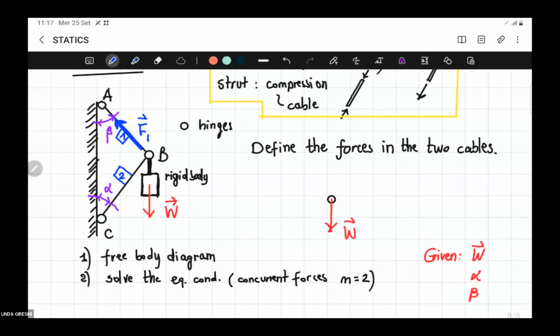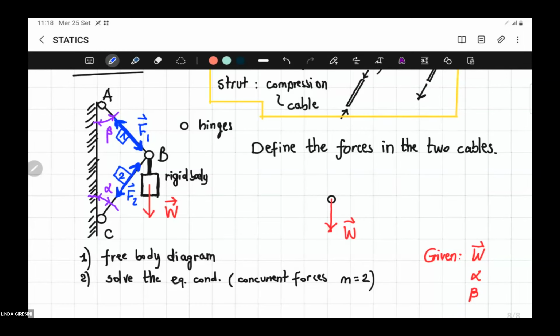And the force F2 can be either this one or in opposite direction, like going out from the node or toward the node. Also, F1 can be in one direction or the other. The only thing which is sure is the line of action, okay?